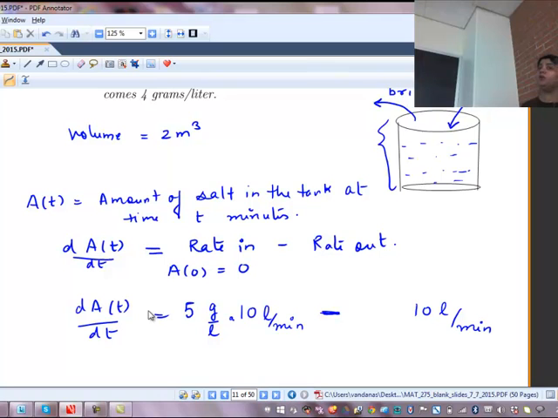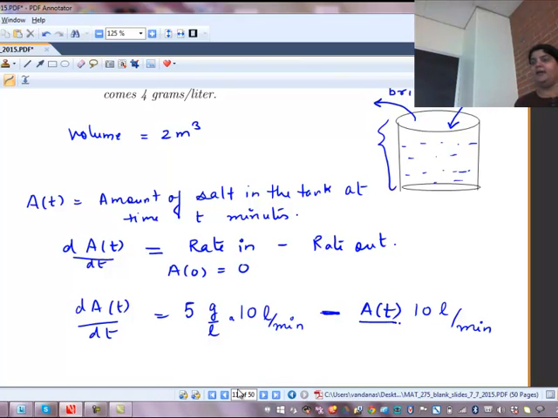Because we don't know at that particular time what is the amount of salt in it. We know the whole tank is filled with pure water, which is 2 meter cube. So if we convert into liters, it should be the amount of salt at that time divided by the volume. And that would give us the whole setup of the model.